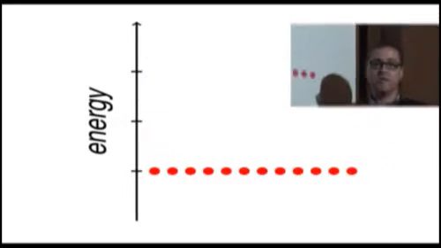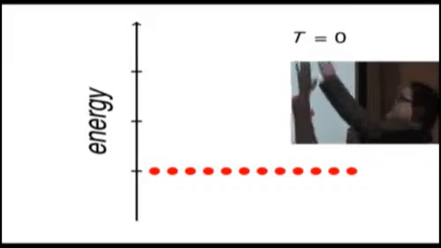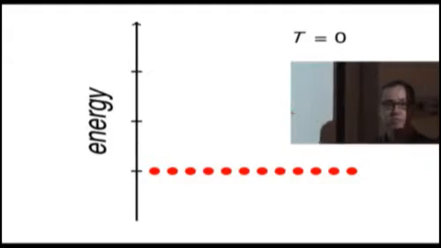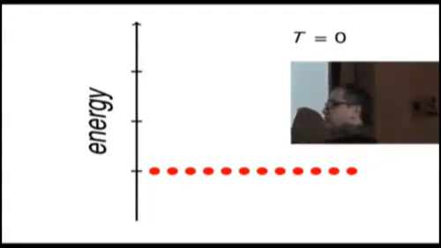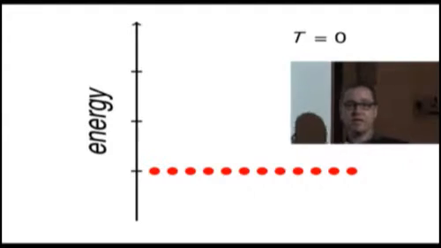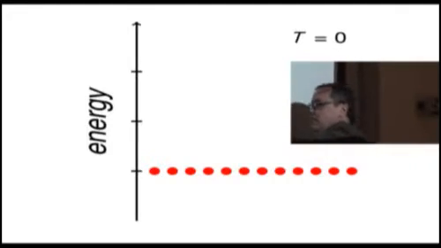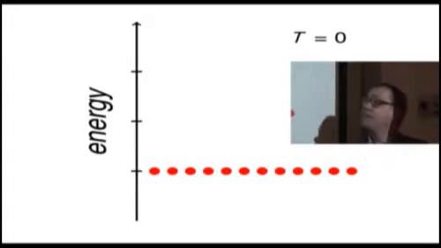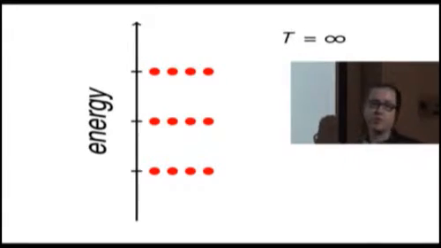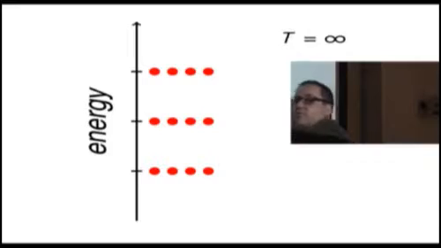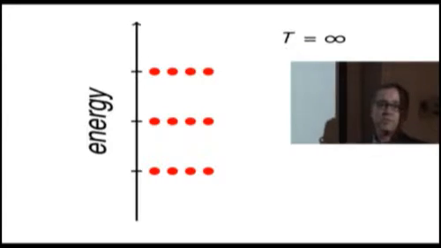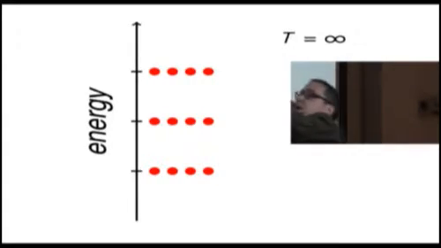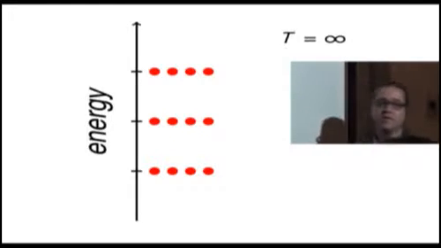Actually, if you look at zero temperature, absolutely zero Kelvin, and you have this number of molecules, you're going to find them, all of them, in the very lowest energy level. If you go to infinite temperature, then the molecules are spread all over the energy levels. Please note that they don't go all to the upper energy level, they get evenly spread.